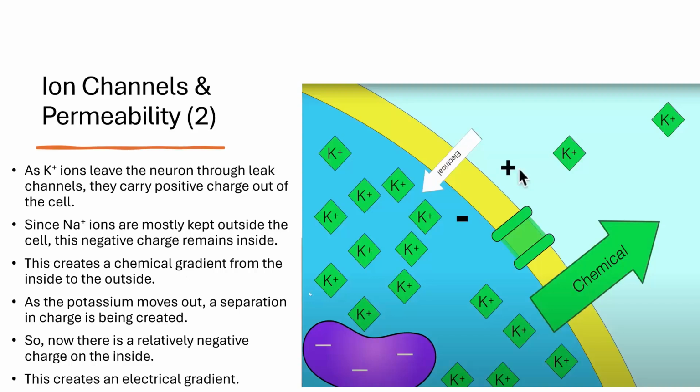This creates a chemical gradient from the inside to the outside. And as the potassium moves out, a separation in charge, this difference, is being created. So, as potassium runs outside the cell, there is a relatively negative charge on the inside, and this creates an electrical gradient. Okay.